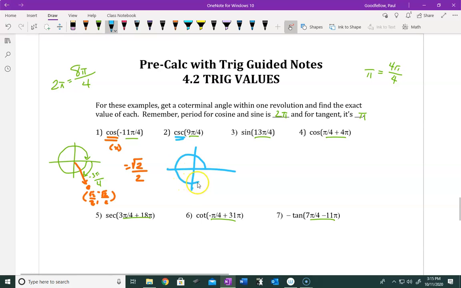9 pi over 4 is going to get you to rotate beyond 8 pi over 4, which is 1 times 2 pi, and another pi over 4 into the first quadrant. And I'm going to get an answer of root 2 over 2 and root 2 over 2. But cosecant is related to sine. It's 1 over sine.